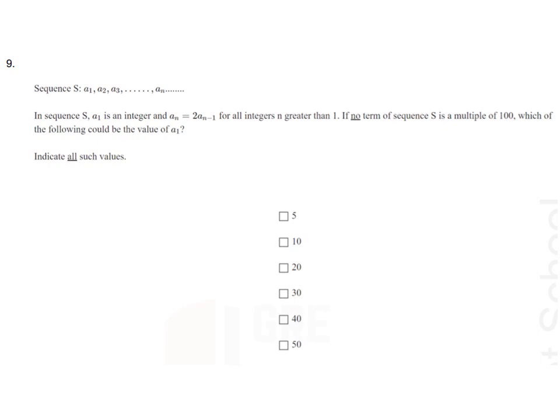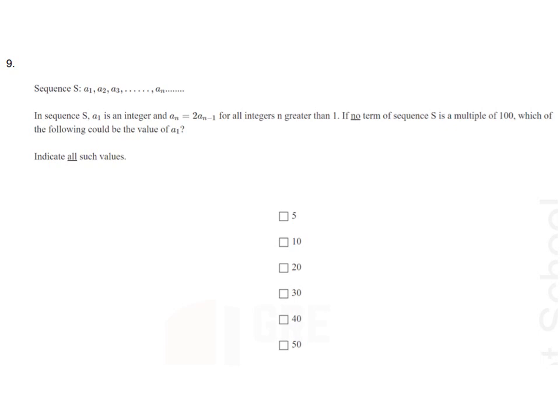In the 9th question, they provided a sequence. The sequence says a1 is an integer and an equals 2 times a(n minus 1) for all integers n greater than 1. If no term of the sequence is a multiple of 100, which of the following could be the value of a1?